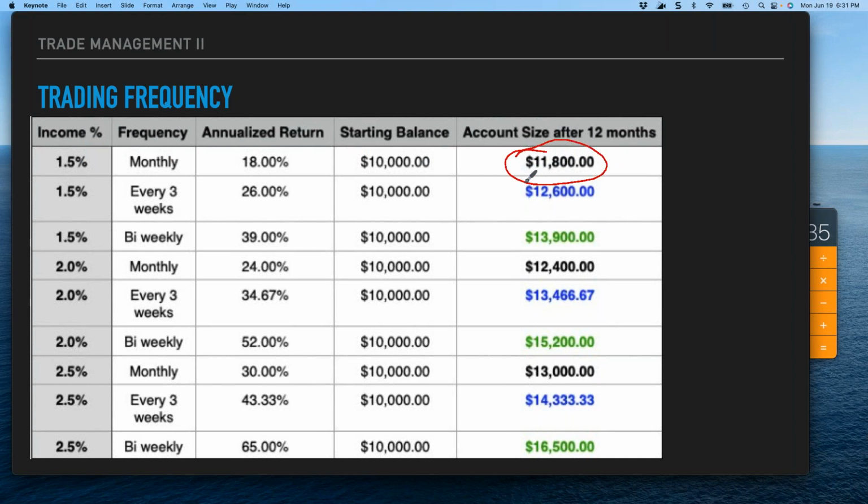Then this is about what my expectation is. But if I can shorten that by 2 weeks, you can see that I'll get a much bigger result. And again, that follows here and here, as well as here and here.